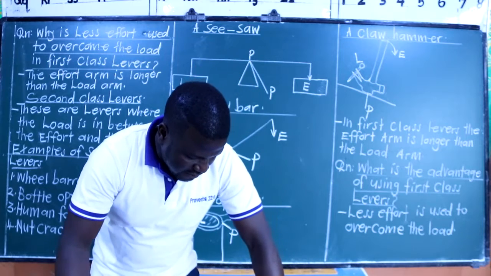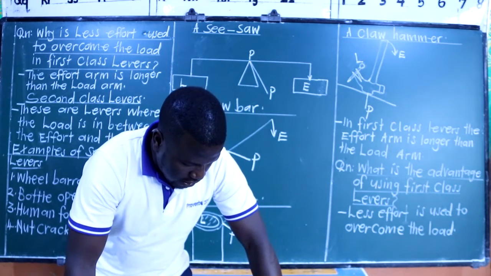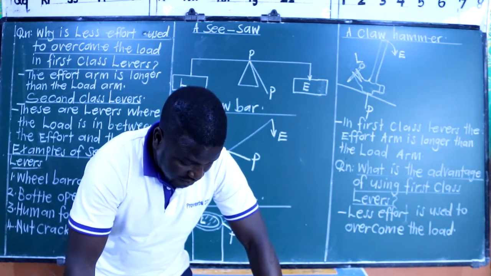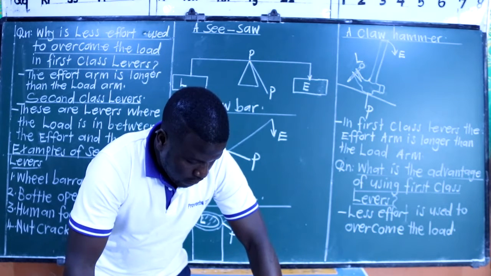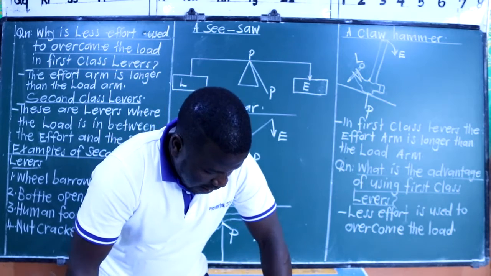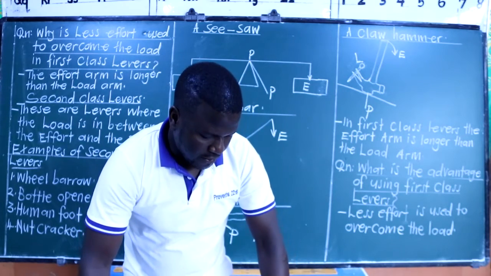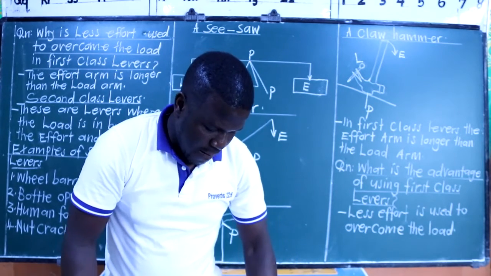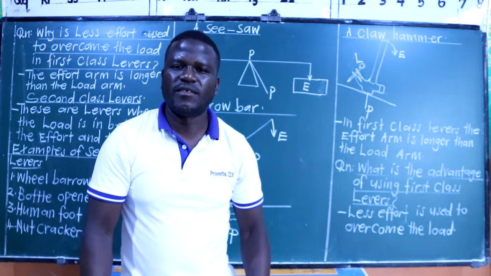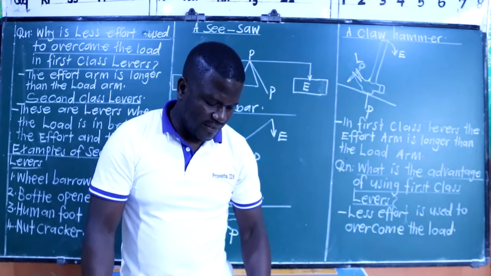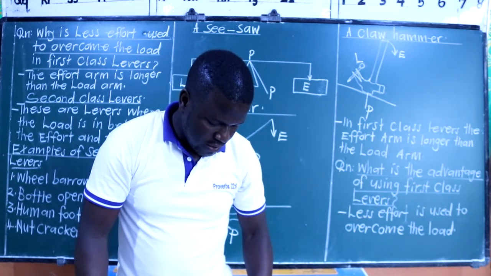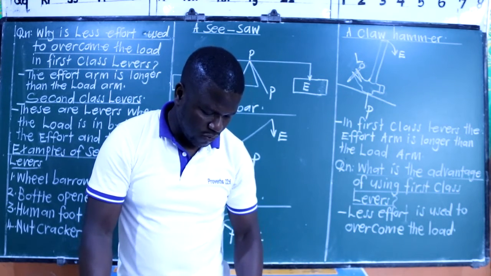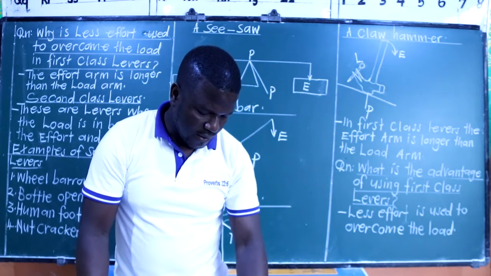With second-class levers, the effort arm is longer than the load arm, just like first-class levers. And with second-class levers, less effort is used to overcome the load.